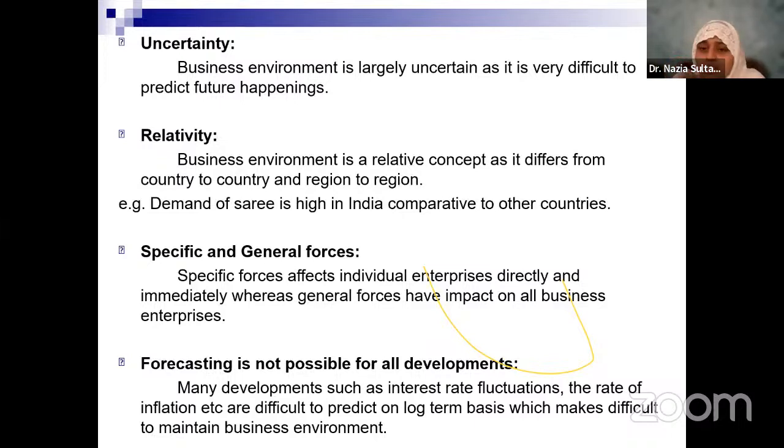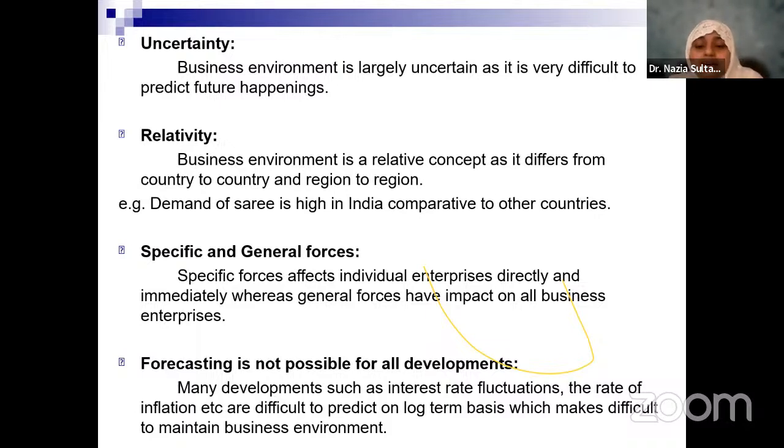There are a lot of prediction tools available to predict what kind of changes will happen in the business environment. But at the same time, the business environment is to a greater extent uncertain, because you will not be able to predict with certainty that this surely is going to happen. Even analysts who analyze the business environment predict, but not with 100% accuracy.